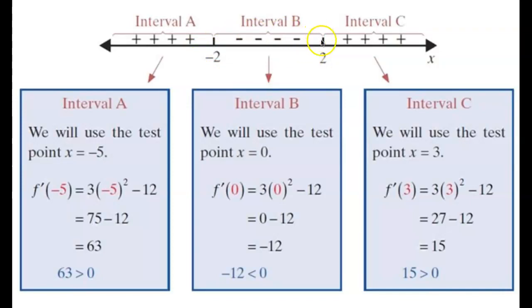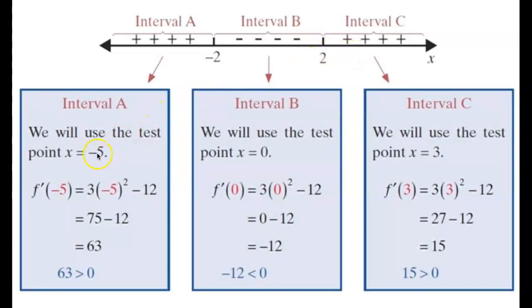But once you break the number line into 3 intervals by marking negative 2 and 2, now all you have to do is check each of those 3 intervals for whether the function is increasing or decreasing, okay? And you can choose any value.